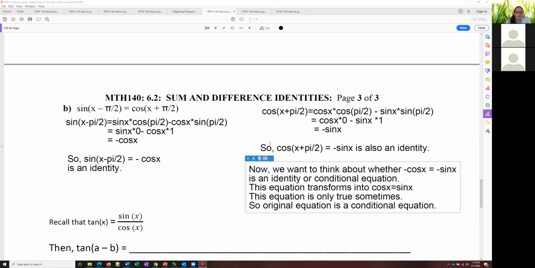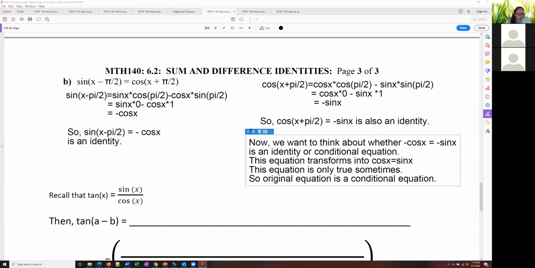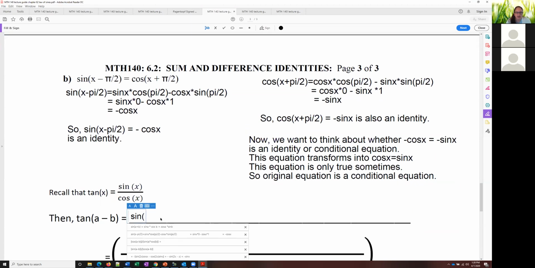Okay. So next, we want to think about the tangent of a minus b. And we know the tangent of x is equal to sine x over cosine x. So the tangent of a minus b will be equal to the sine of a minus b over the cosine of a minus b.